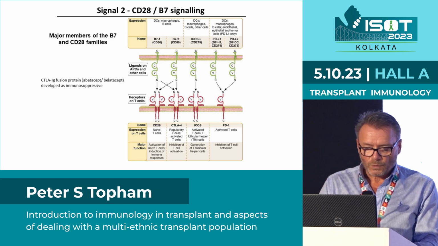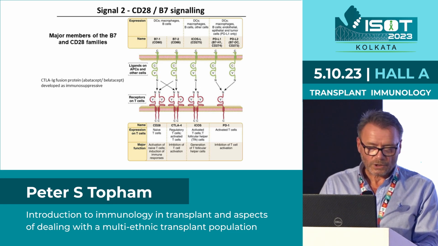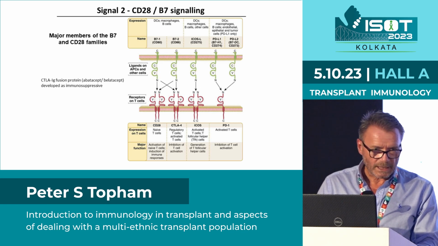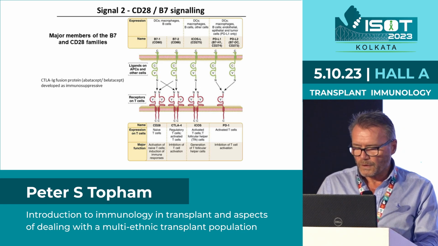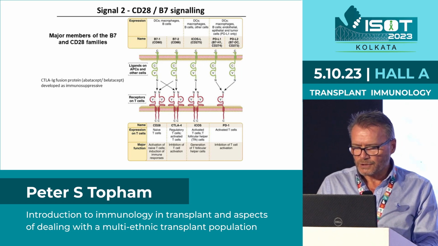It can also interact with CTLA-4, with B7-1, B7-2, which provides a brake to T cell activation. And then there are a couple of other members of the B7-CD28 family, which again provide competing impacts on the activation of T cells.